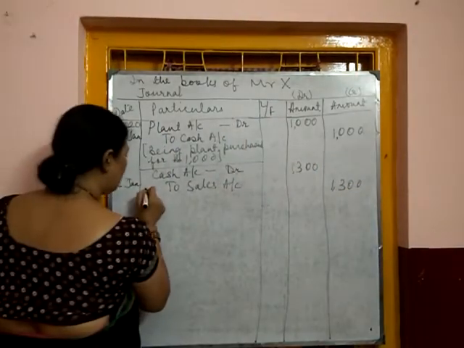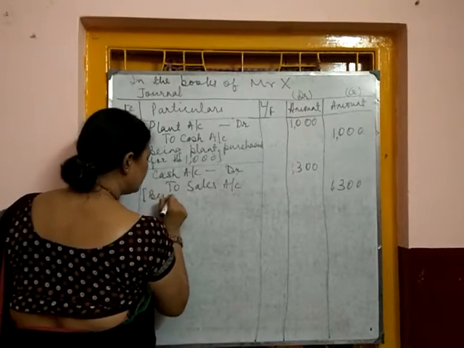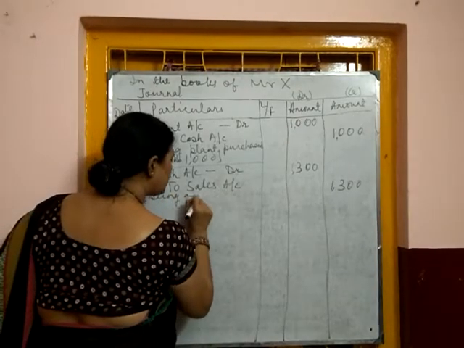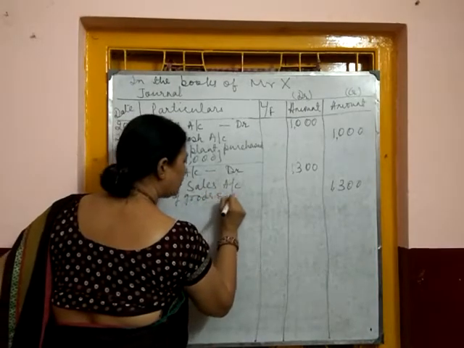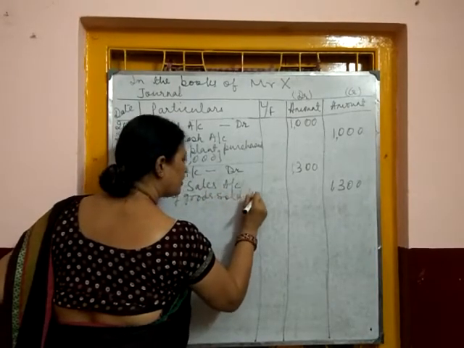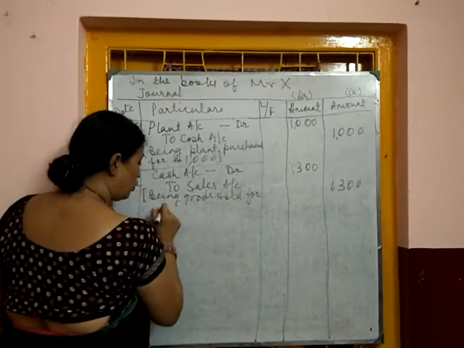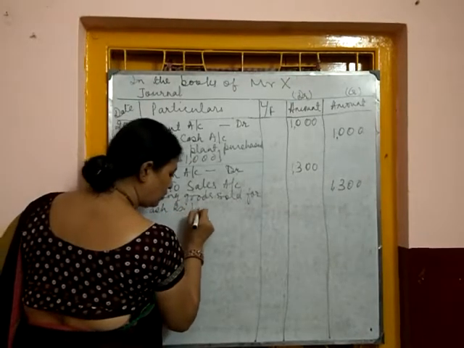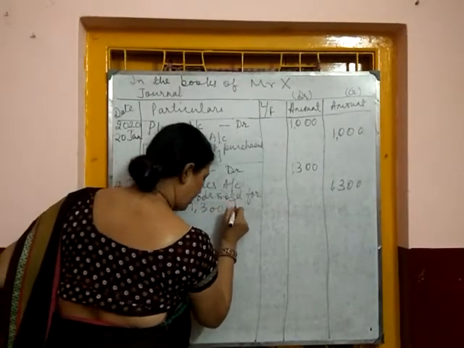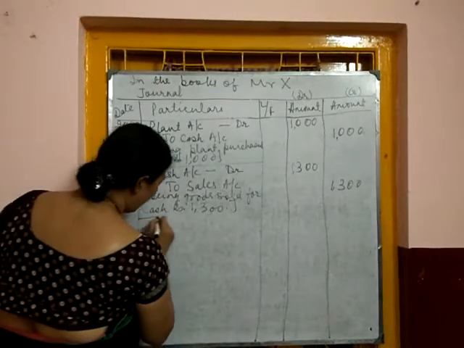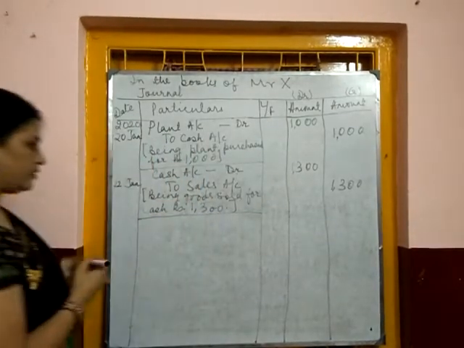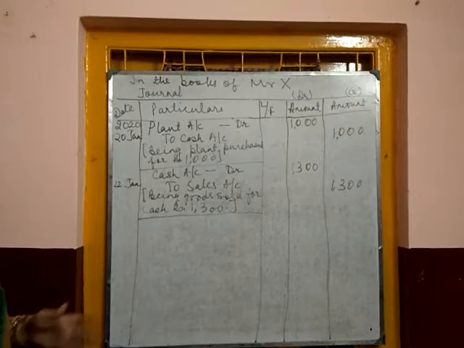Our narration will be again: being goods sold for cash rupees 1300. Okay. Again we will draw the line here.